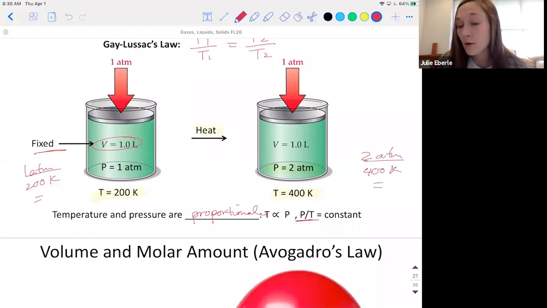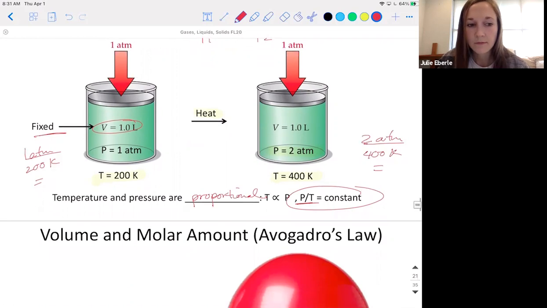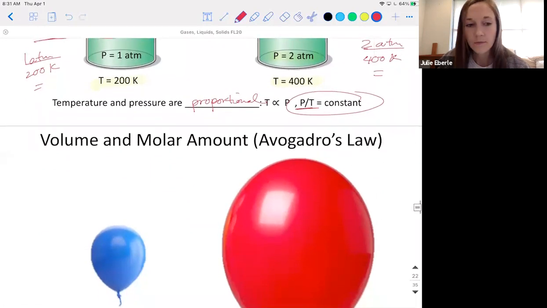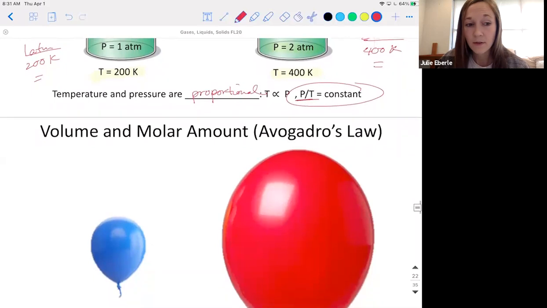You should get the same number if this statement is true, that when we divide pressure by temperature we get a constant if the volume is not changing. Do you get the same number on both sides? Nobody's reporting anything. Unless somebody says they don't, I'm going to assume you do.